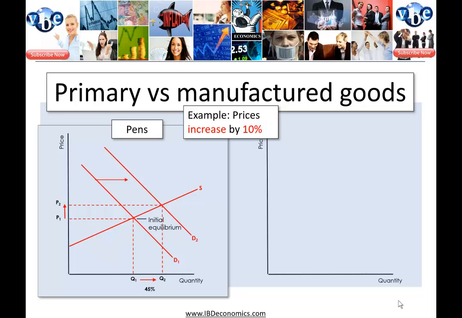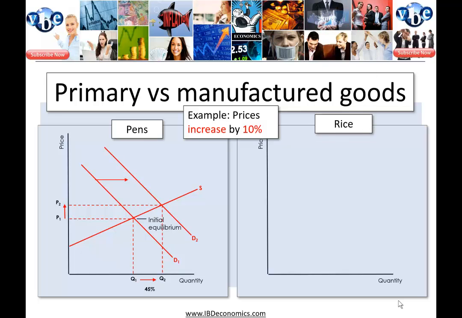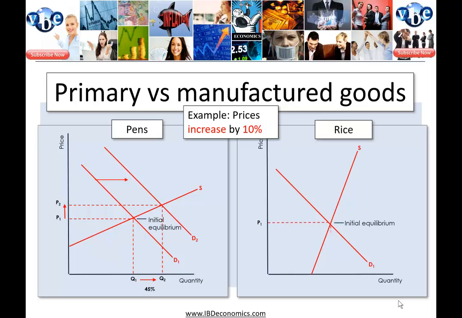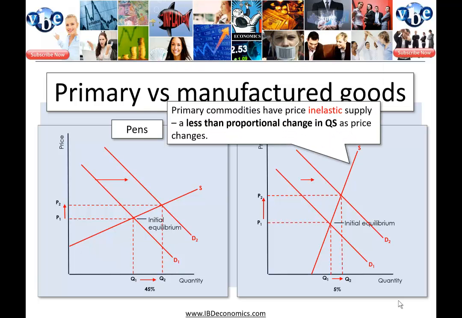Whereas for primary goods and commodities, such as rice, where the supply is relatively inelastic, a change in demand is going to increase the price of these primary commodities by a large degree, but the change in the quantity supplied will not be as responsive.